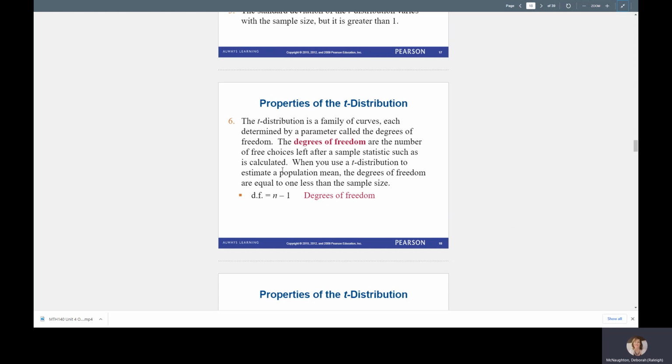So that's why there are n minus 1 free choices left after the mean is calculated. So for a T distribution to estimate a population mean, the degrees of freedom are n minus 1.